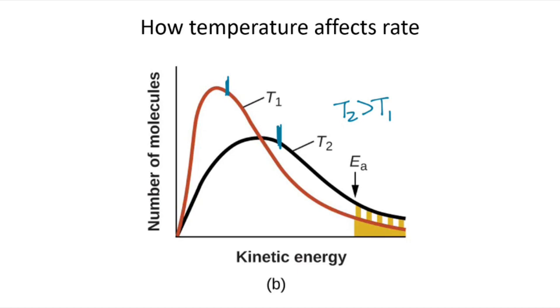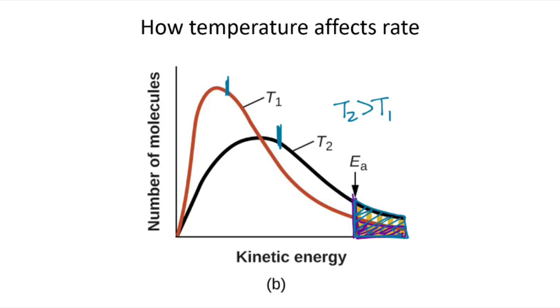So, for a particular reaction, we said that the activation energy is fixed. And so here, for this particular reaction, the activation energy is this level. Only the molecules that have that energy or greater can react. If we look at the area under these two curves above the activation energy, we see that temperature 1 has this much area, but temperature 2 has all of that and more.